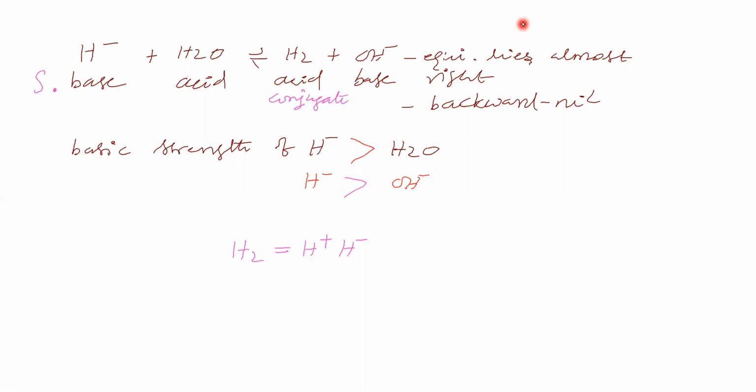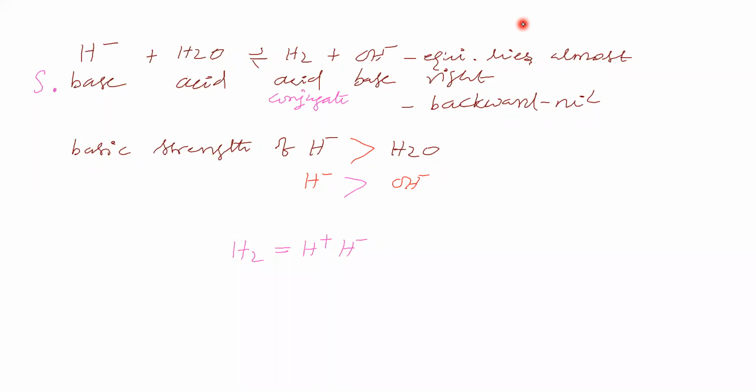That's why it is unable to convert into water. Backward is not taking place means OH minus is not converting into water. Why is it so? OH minus is unable to take H plus from hydrogen.